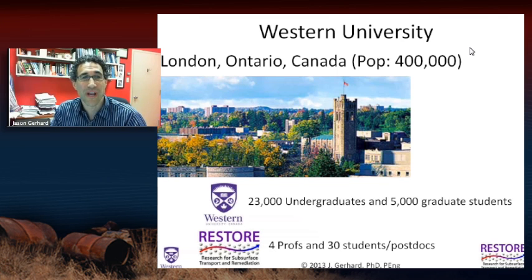And here you see a photograph of Western University in the fall. We have a beautiful fall season here with all the colors on the trees. And Western has about 23,000 undergraduates altogether, and about 5,000 graduate students. So it's quite a large university, and it's a research-intensive university, so we have a very large graduate and research program here. It's very strong in that sense.